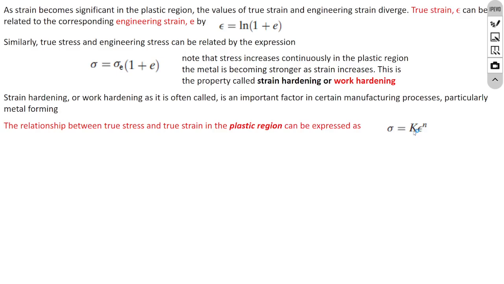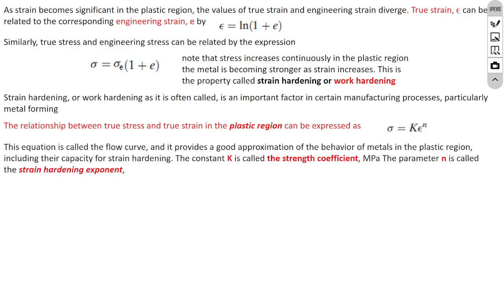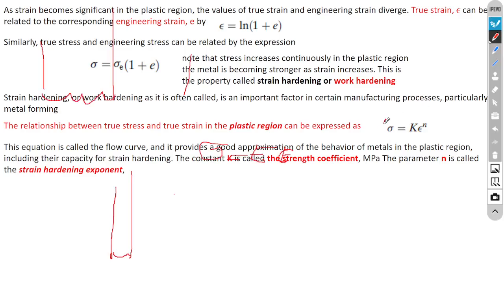Again we have a constant proportionality value, called the strength coefficient. The power of strain is not 1, it is n, which is different than 1. It is called the strain hardening exponent. In the plastic region, dear students, that is the equation.